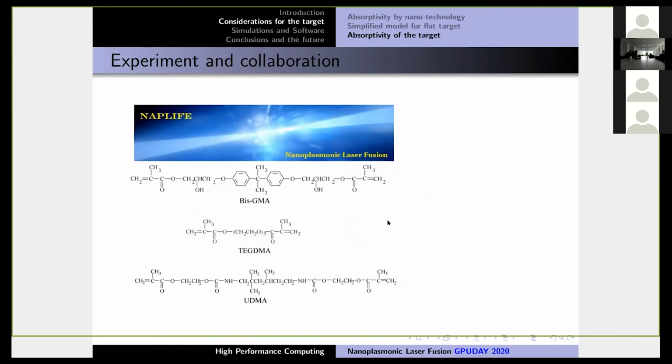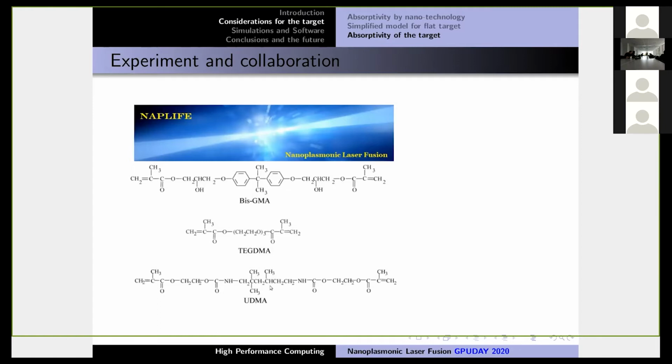The nanoplasmonic laser fusion research laboratory is also preparing experiments. So the aim is to research how the gold nano implants alter the absorptivity of the target.